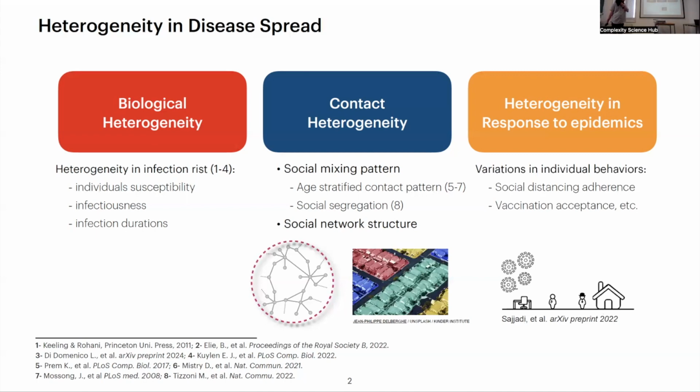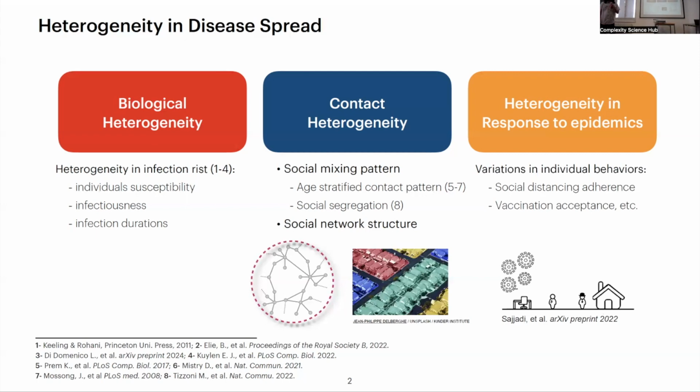Again, a lot of studies have identified that these behavioral variations could themselves be affected by other factors, such as the severity of pandemic waves or the socioeconomic status of individuals.